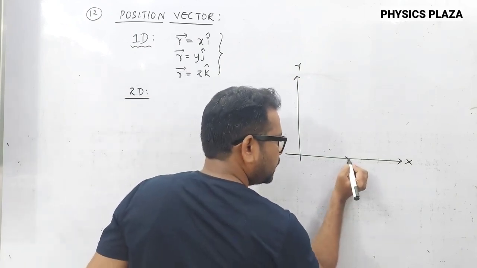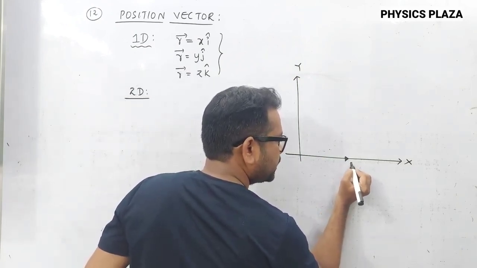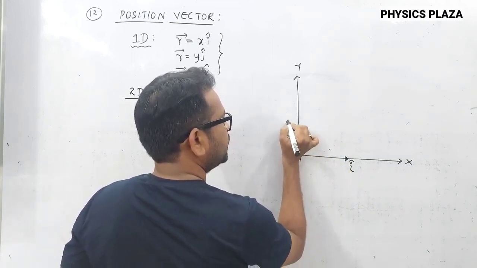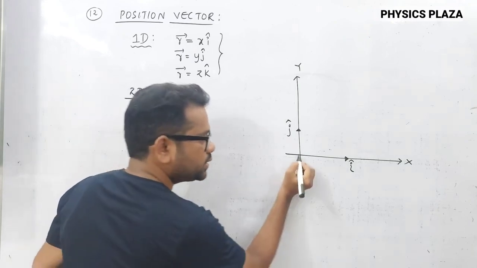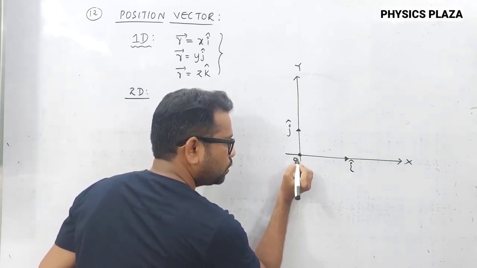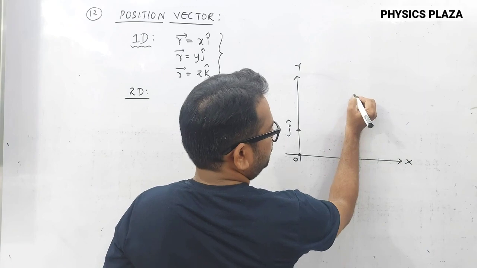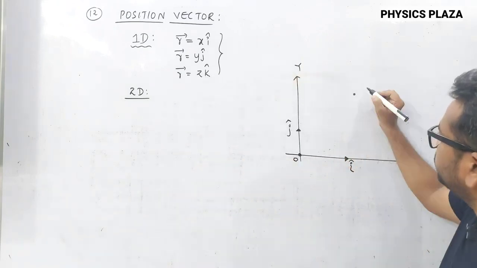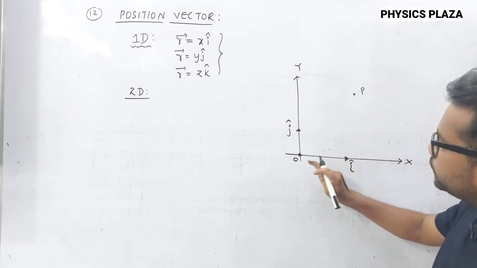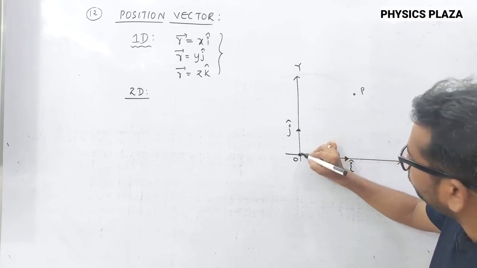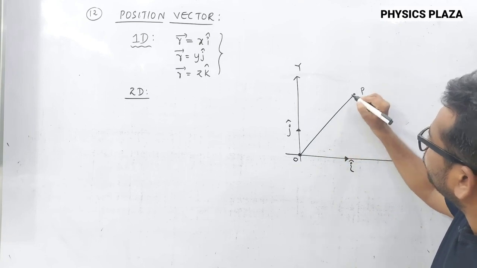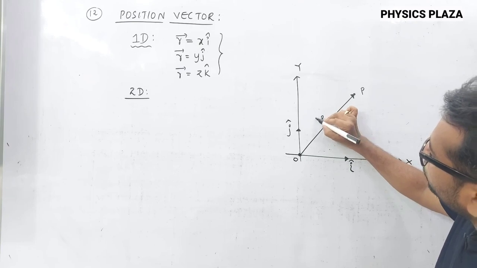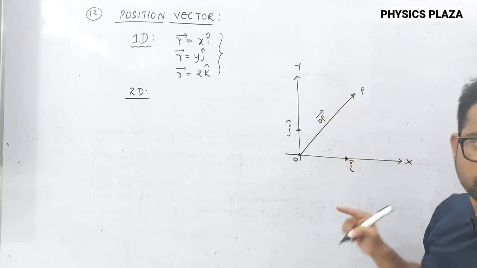Children, we know that i cap is a unit vector along the x-axis, whereas j cap is a unit vector along the y-axis, and here is the origin O. Let us say the particle P is here. Let us join its initial position to its final position and draw a vector. So this OP will give you the position vector in the 2D plane.